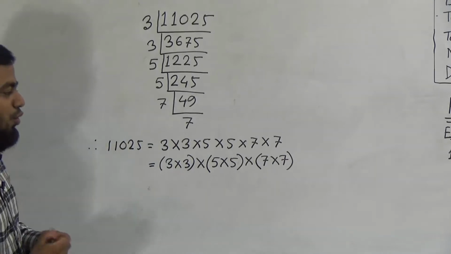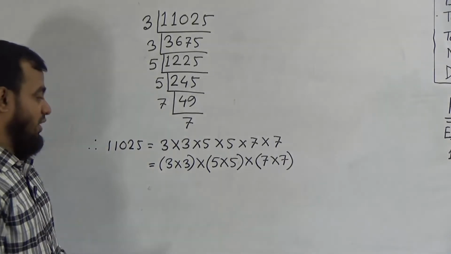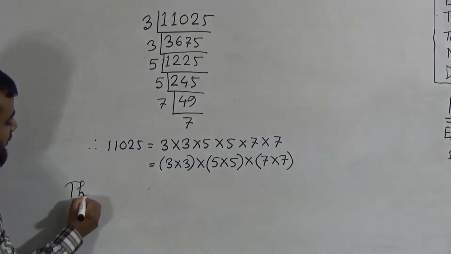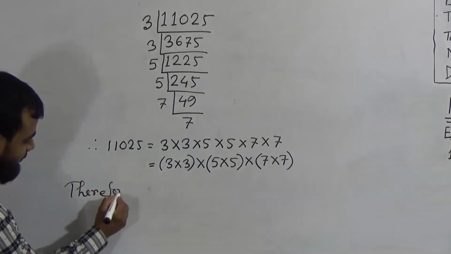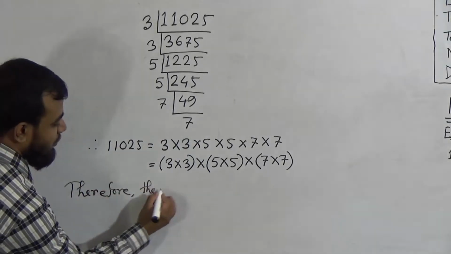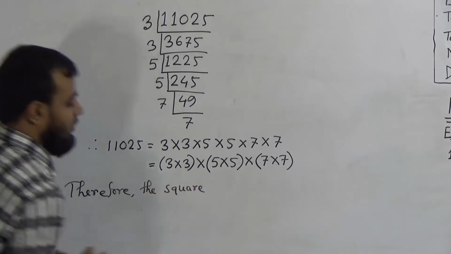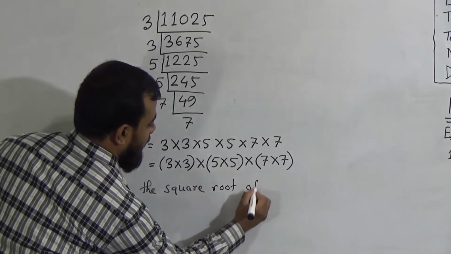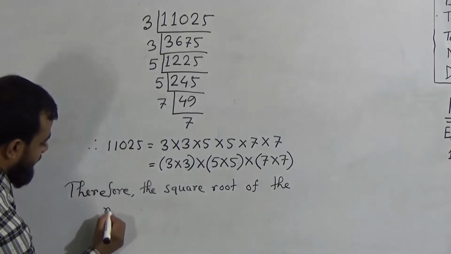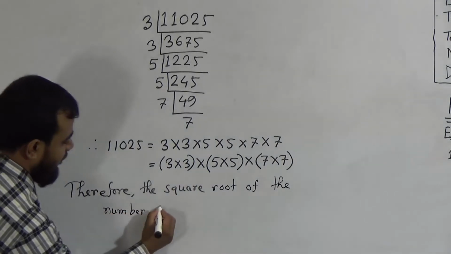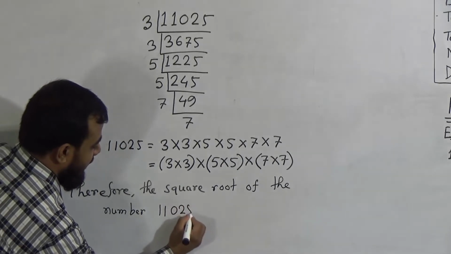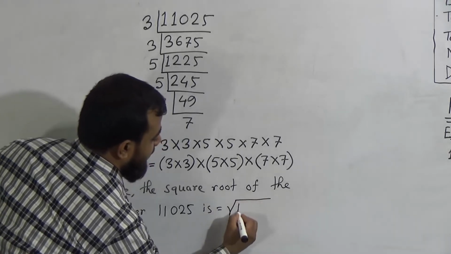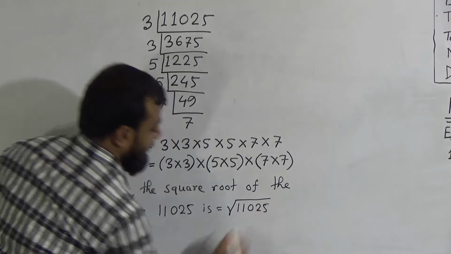Now my dear students, we are going to calculate the square root of 11,025. Therefore we can write the square root of 11,025 is equal to the square root sign of 11,025.